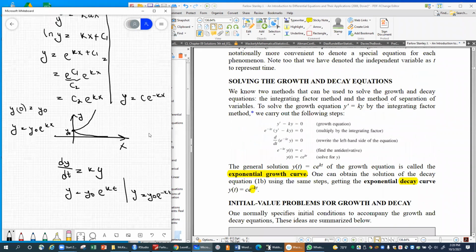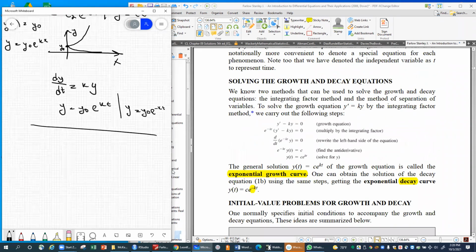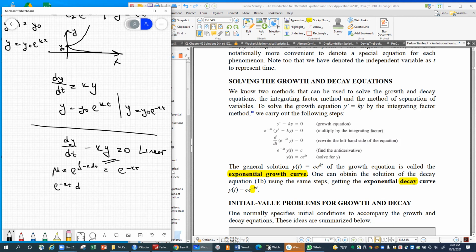Okay, so let's do it as well, just so that we've looked at it every way. Then you write it as dy/dt minus ky equals 0. It's a linear equation, right? y comes linearly. The multiplying factor is e^(integral of -k dt), but that's just e^(-kt). You multiply each term, and on the right, you still get 0 times that, which is 0. So this one is the derivative of e^(-kt)y, right?